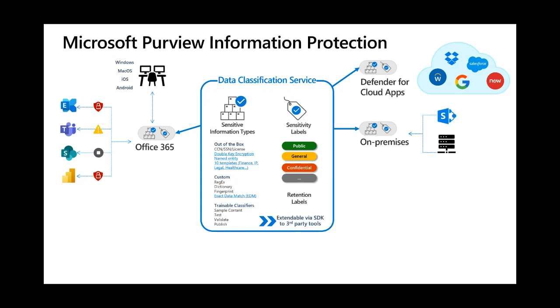And then, of course, most sophisticated organizations have their data on premises as well as in Office 365 or other cloud properties. The Microsoft Information Protection Scanner can be leveraged and deployed to extend this to your on-premises repositories and apply labels and protection. This includes even on-premises SharePoint and on-premises file shares.